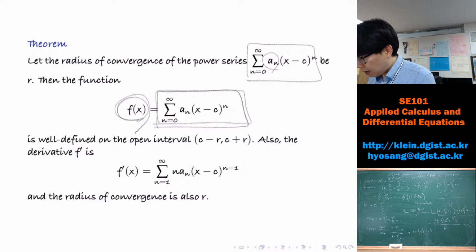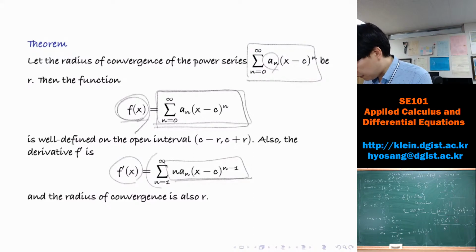Then the theorem says this function is differentiable. Actually, it's infinitely differentiable, C infinity, like before in the previous slide. And the derivative is defined to be the sum of the derivatives of each term. Okay. So why is this theorem important?